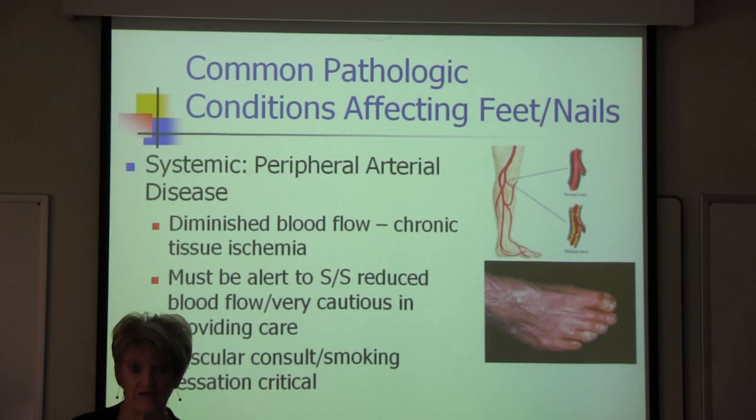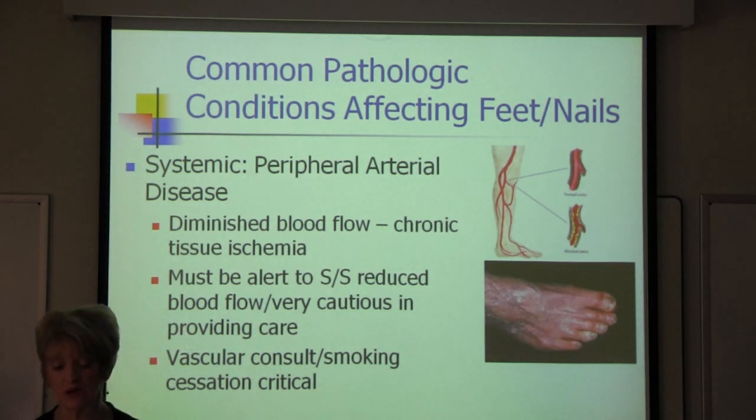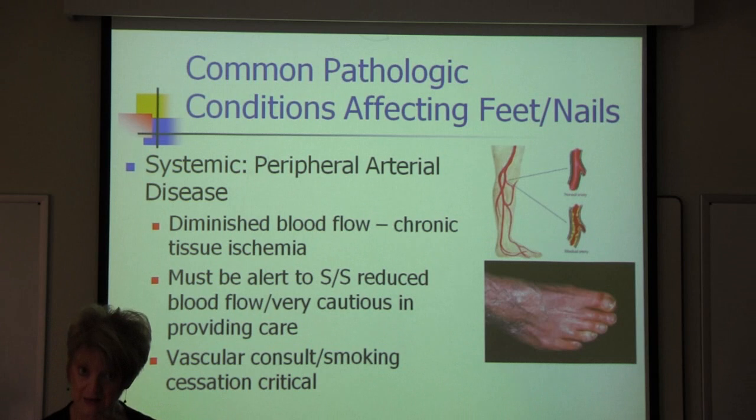Now we're going to shift and we're going to talk about common pathologic conditions that can affect the feet and the nails. And we're going to start by looking at systemic issues that can impact on the skin and nails.